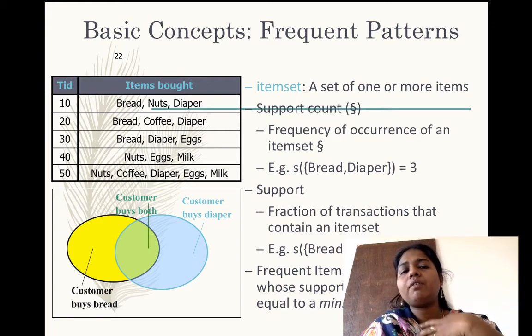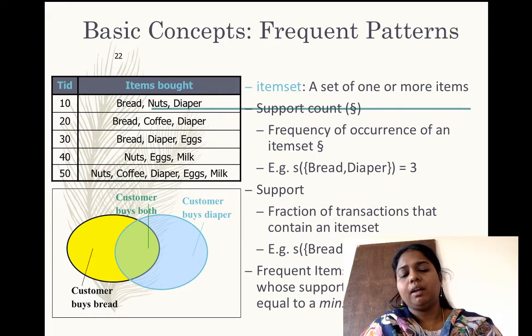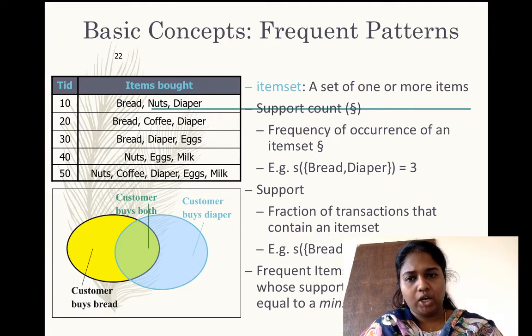So I allow a window of time and see within 1 week how many cars are bought. That way I define my minimum support threshold. Now, if my item set's support value is greater than the minimum support threshold, then I call it a frequent item set.